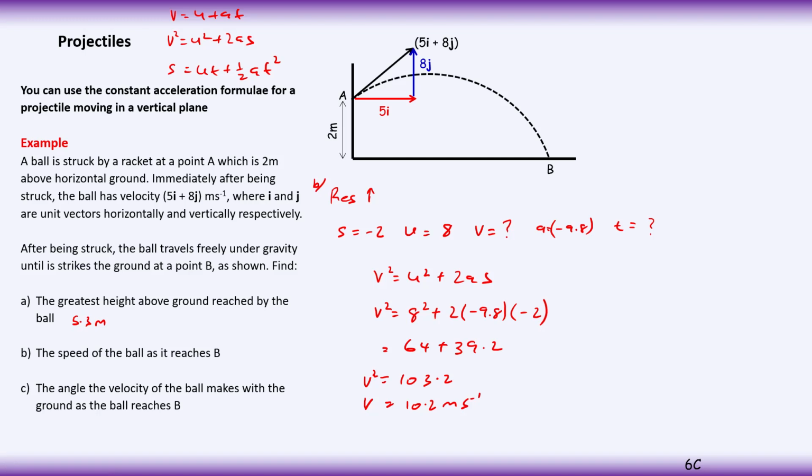But since it was traveling in the downward motion, its velocity is going to be negative. So V equals minus 10.2 meters per second. Right, so if we model then the velocity, horizontally it keeps on traveling at 5 meters per second. But vertically it's traveling downwards at 10.2.